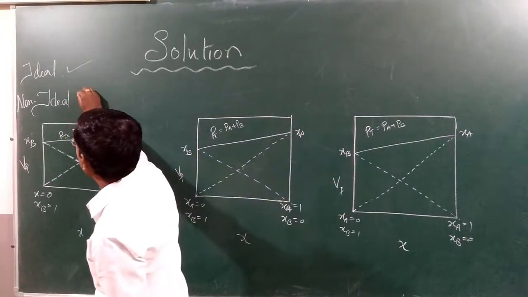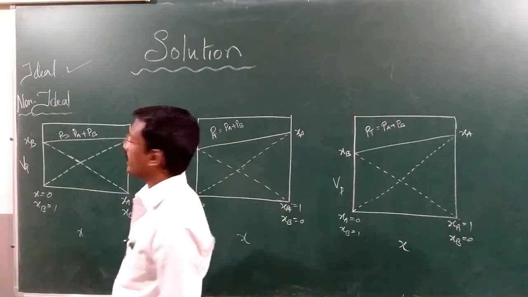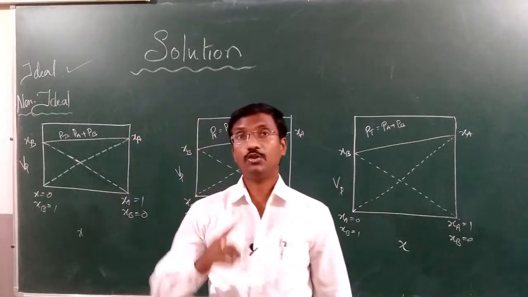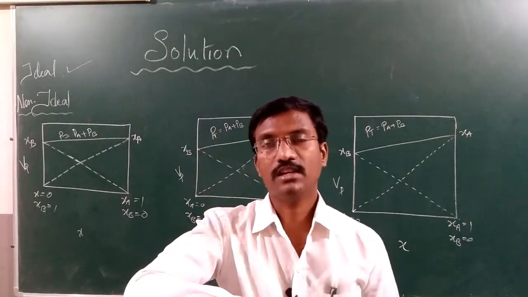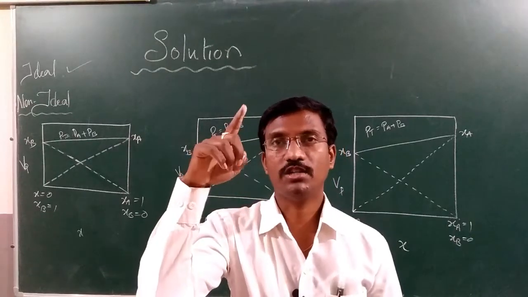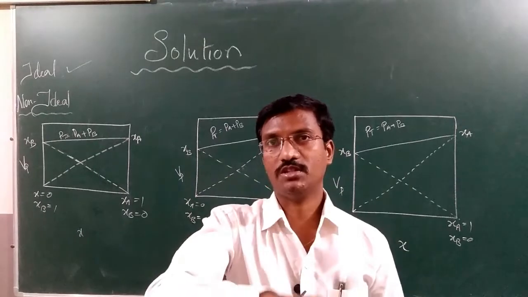Whereas the non-ideal solution does not obey Raoult's law, and there is no equality in the enthalpy and in the volume. Delta H is not equal to 0, it undergoes some change.